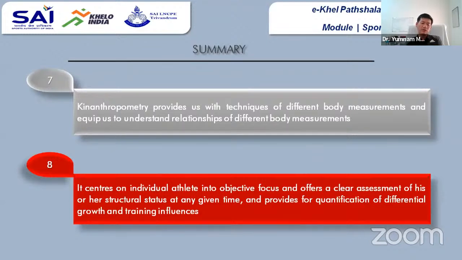It centers on individual athletes in objective focus and offers a clear assessment of his or her structural status at any given time, and provides for quantification and differentiation of growth and training influence. So by focusing on an individual, we can see what the influence of training has been on growth and development, what effect it has had on structure, or whether there has been improvement or not. From that angle we can also assess the athlete through kinanthropometry.